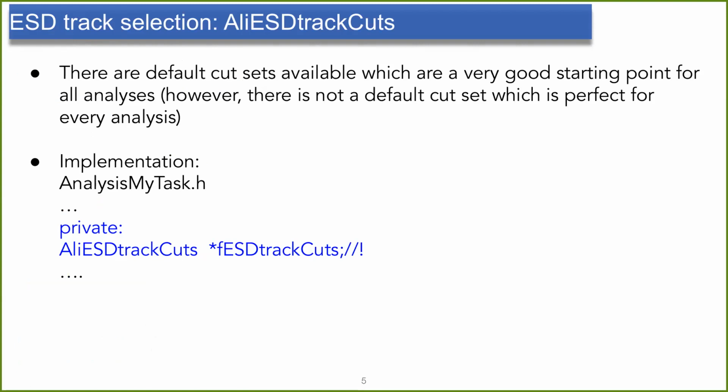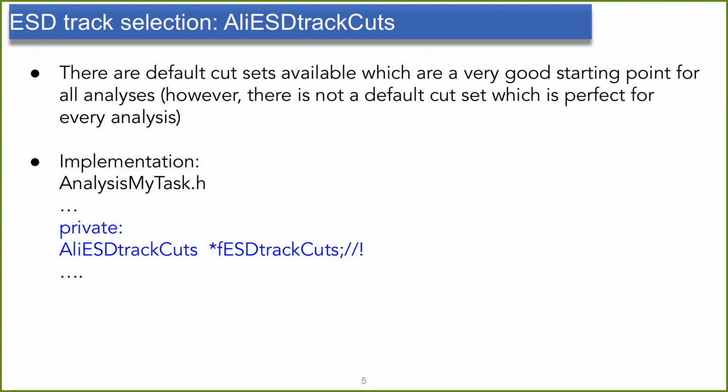This track selection for the ESD event or the ESD track, we do using the AliESDtrackCuts class. There are some default sets of cuts available in this class, which I think is a very good starting point for our analysis.